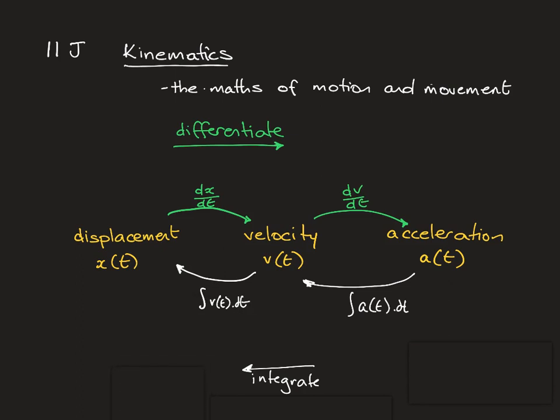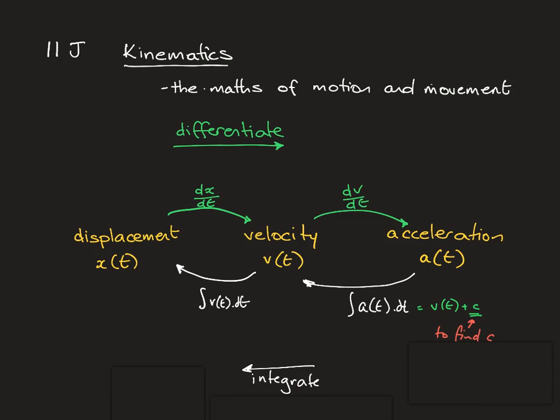Now, you'll need to be aware that when you integrate, if you're just using an indefinite integral, so just integrating the formula itself, you're going to get the velocity formula with some c, and you'll need to substitute in some values that you already know about the velocity to be able to find the c value.